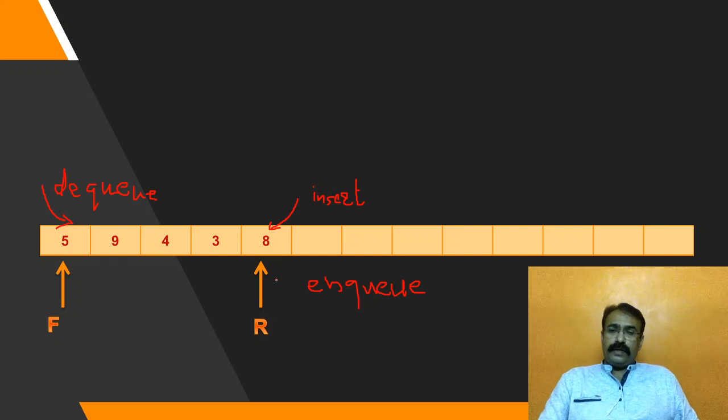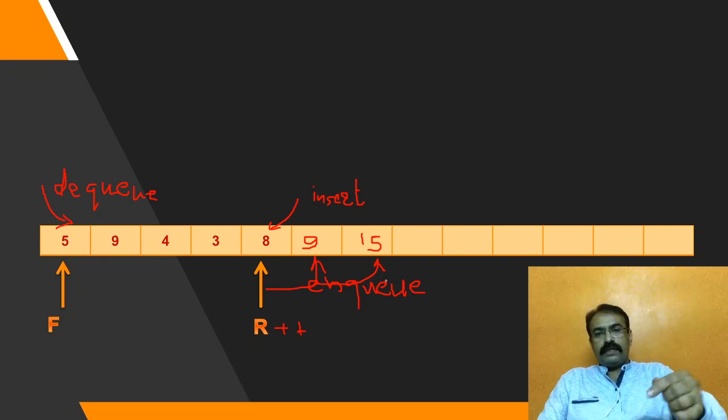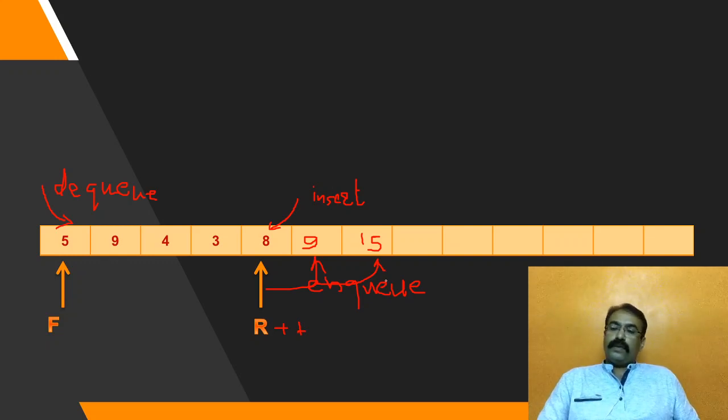Every time you add an element, you increment rear. Let us say I have inserted 9 here, rear will be pointing here now. If I insert 15 here, rear will be pointing to this. So rear will be incremented every time we perform an enqueue operation, and front every time we perform a dequeue operation.